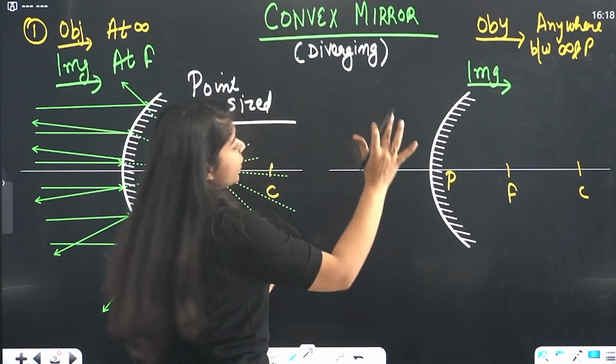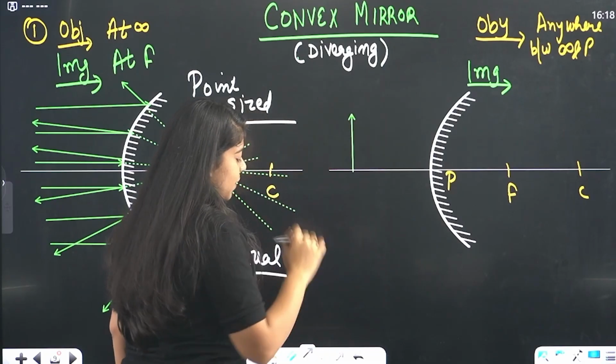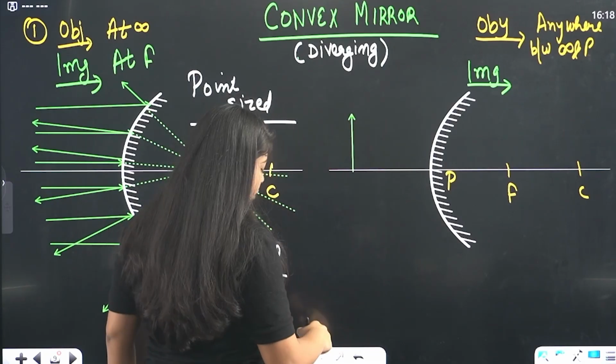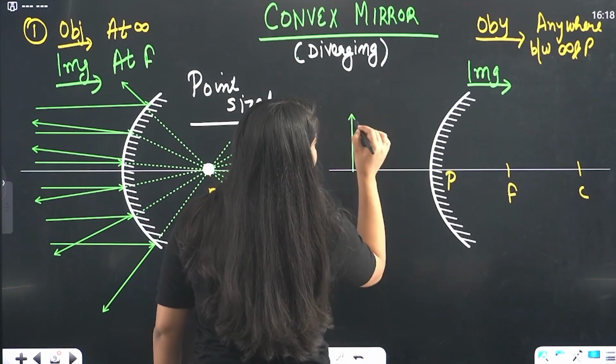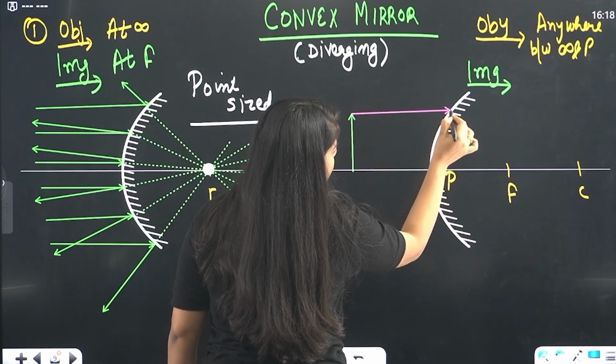Now anywhere between pole and infinity, our object is placed, right? So one ray will go parallel, and typically ma'am it should pass through focus, right?